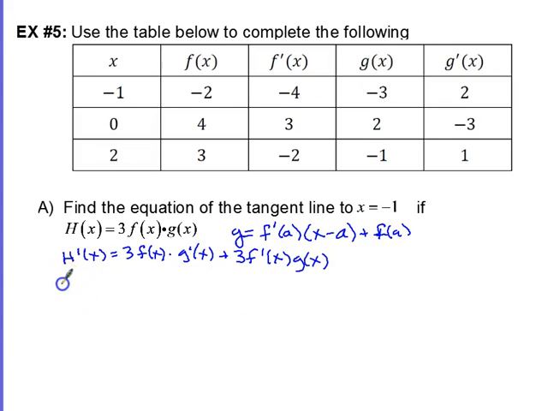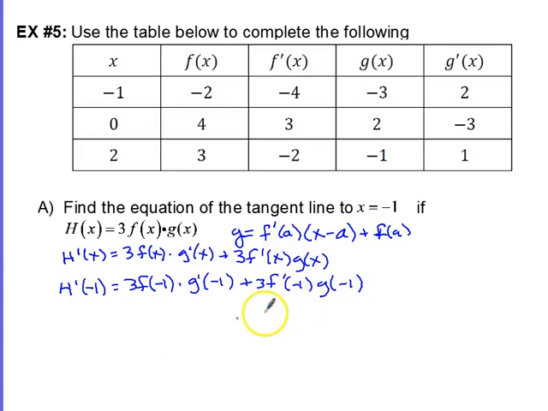And that means that h prime of -1 is going to be 3 times f of -1 times g prime of -1 plus 3 times f prime of -1 times g of -1.